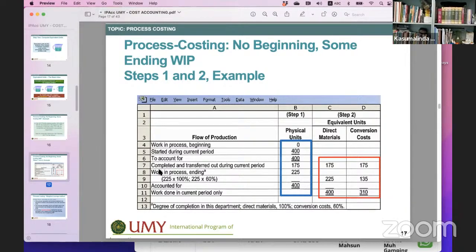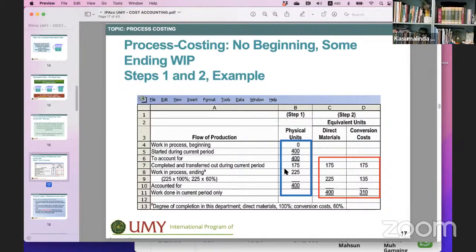The next two items are units completed and transferred out, which is 175. This is the data given to you. And the units that stay in ending work in process is 225.